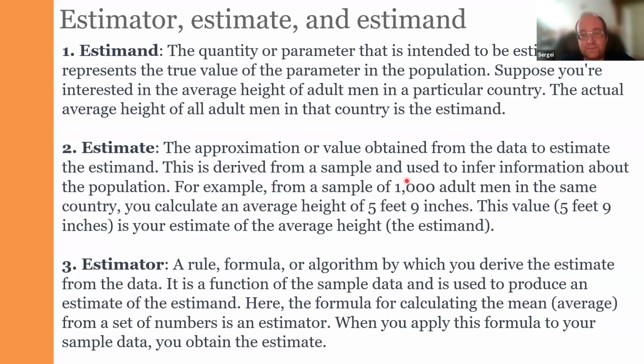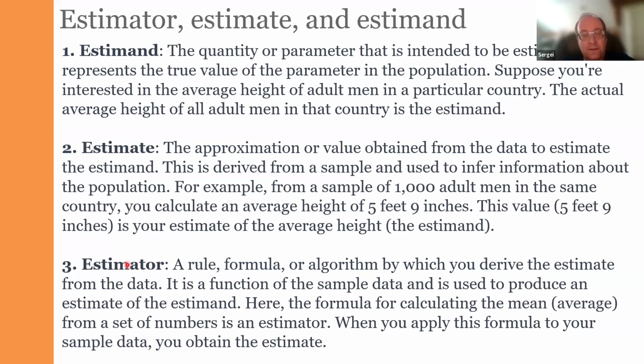So if we measure the height of 1,000 men rather than the whole population, then we can get the average height of these 1,000 men, and we assume that the average height of the 1,000 randomly chosen adult men will be a good approximation of the true average height of all men in the country.